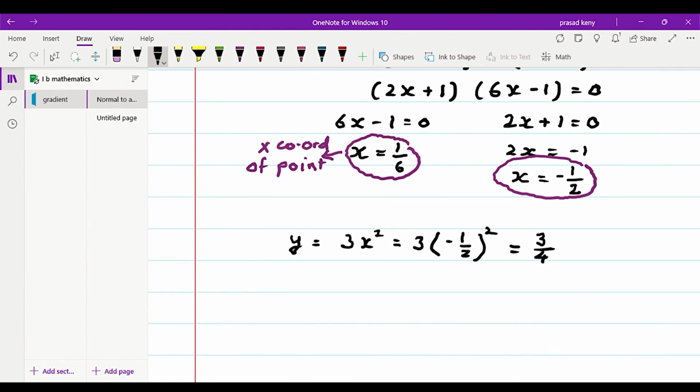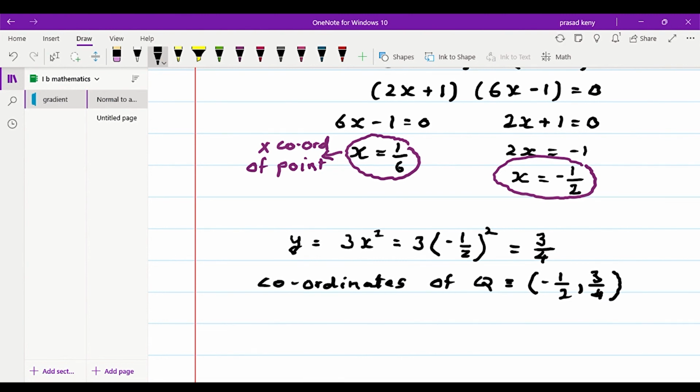And hence the coordinates of point Q are negative 1 upon 2 and 3 upon 4. So I wish these steps are okay with you.